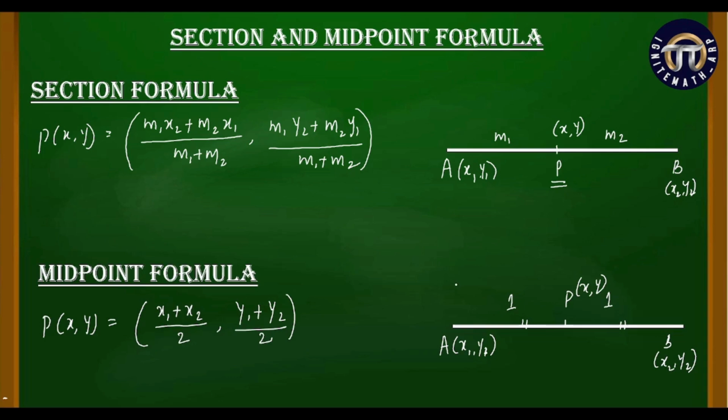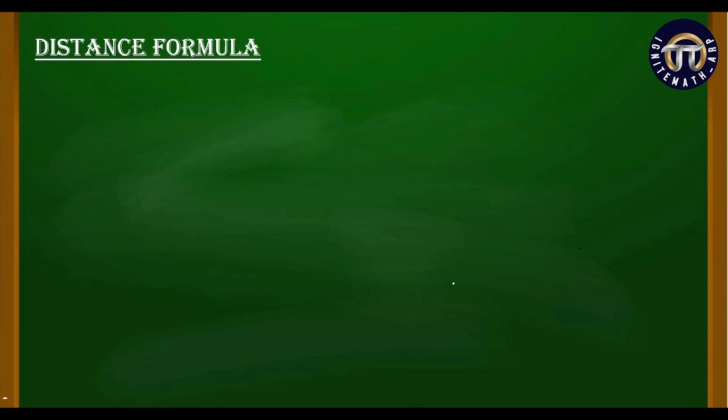Clear children? Sometimes we may require to use the distance formula, which you have learnt in your 9th standard also. What is distance formula? What does it tell about? See, I just take a line over here whose coordinates of the endpoints are A (x1, y1) and B (x2, y2).